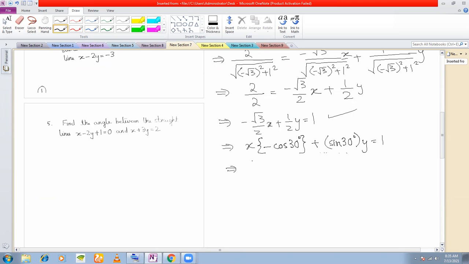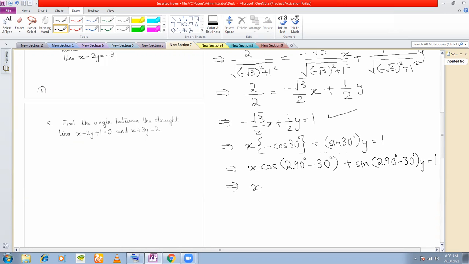But since we cannot have a negative sign here, that is why we convert it to, if we take the angle in some other quadrant, that means cos, you can write this as 2 into 90 minus 30. That means now we take the angle in the second quadrant, plus sine 2 into 90 minus 30 into y is equal to 1.